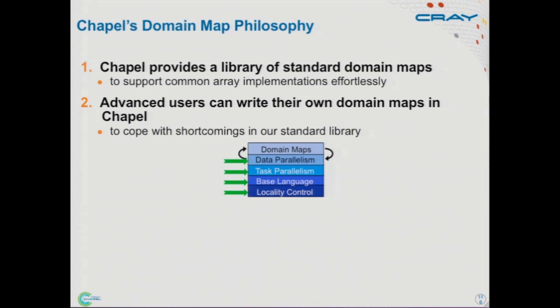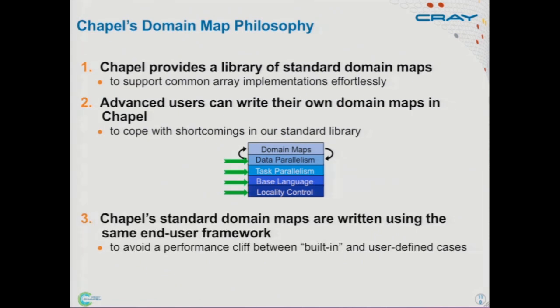It uses coforalls from the task parallelism, on clauses from the locality control, objects from the base language, and that's how it's all implemented. And so the point here is that there should never be a point when you say, oh man, if only I had this fancy sparse distribution, my algorithm would be great, but because you didn't think of it, I'm screwed. You can go in and write that yourself, is sort of the idea. I'm not saying it's easy, but having written it, then you can contribute back to the community and other people can benefit from your work.